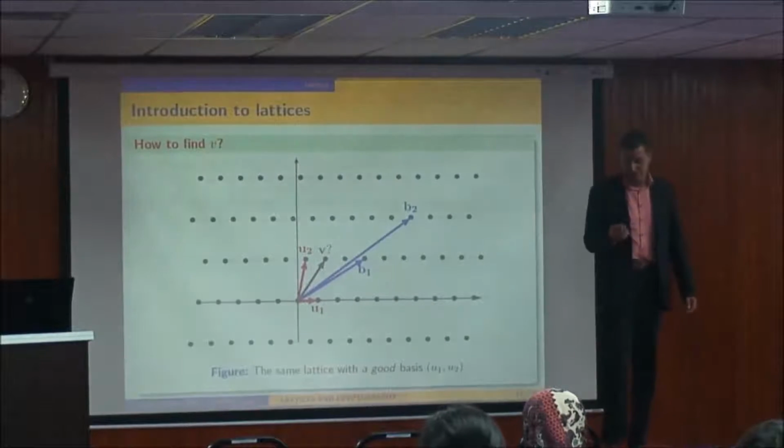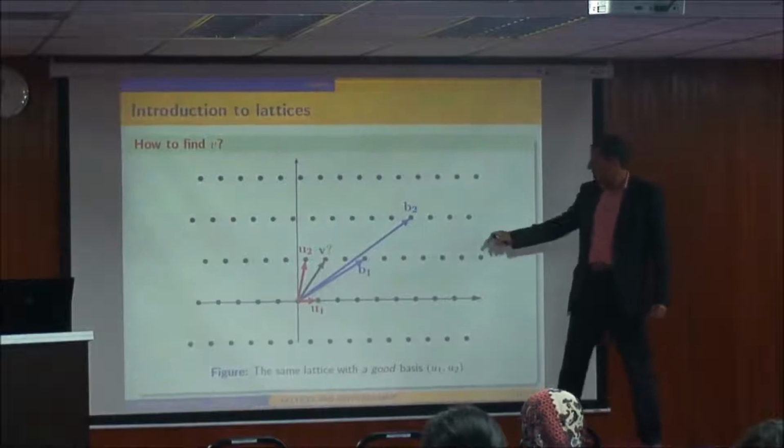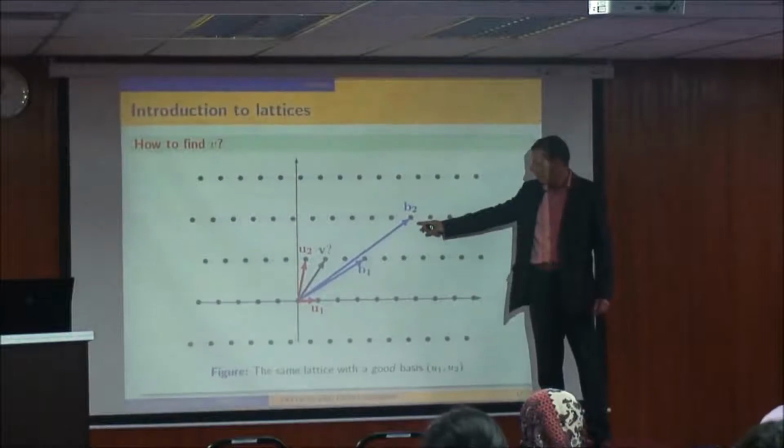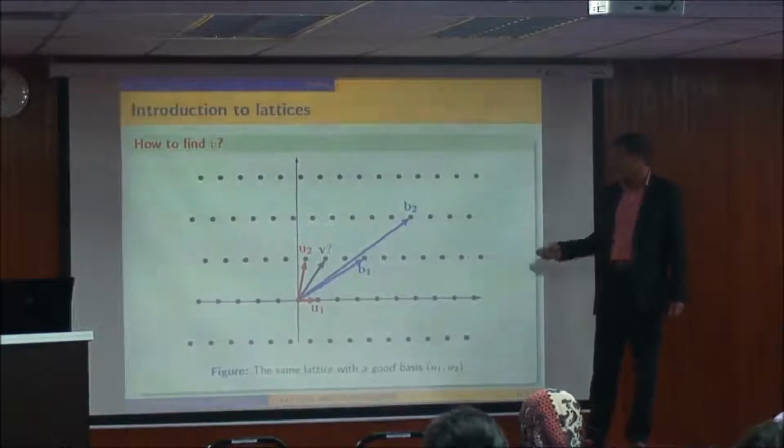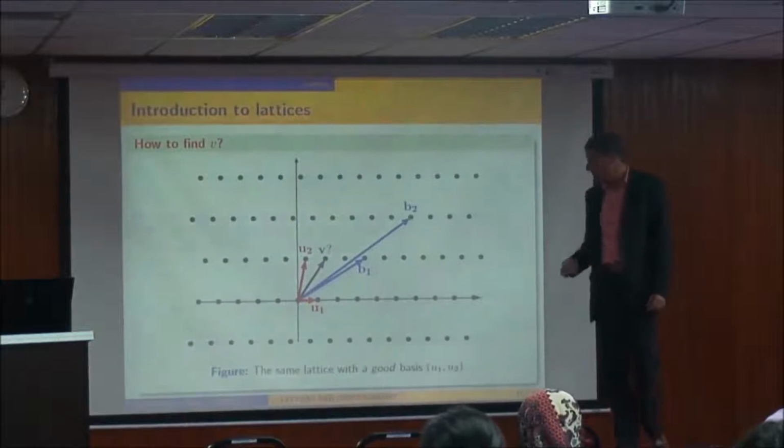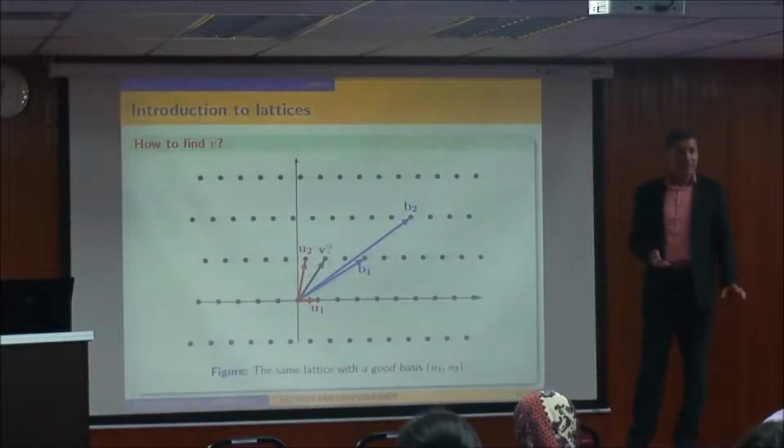So it's much easier in this situation than using the vectors V1 and V2. This shows that in a lattice some bases are better than others.